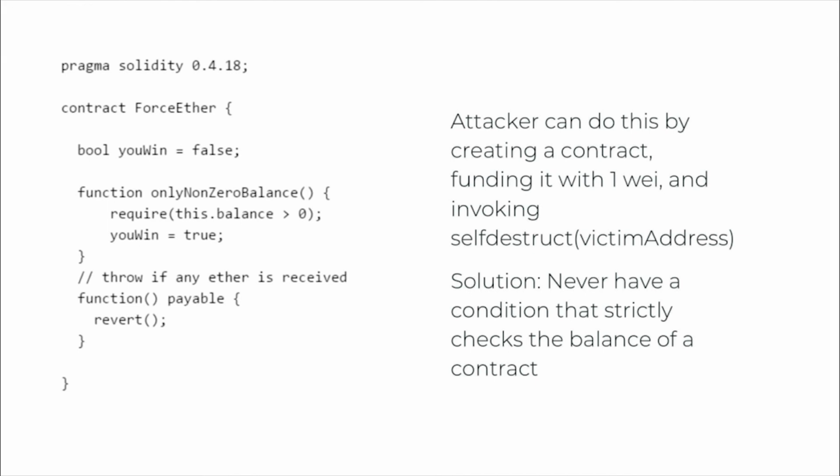Normally this contract would throw if any Ether is received in the fallback function. But because the balance is now greater than 0, the attacker is able to bypass the require statement in the only non-zero balance function. So the solution: never have a condition that checks the balance of a contract. And also, don't assume that a contract is created with 0 balance.